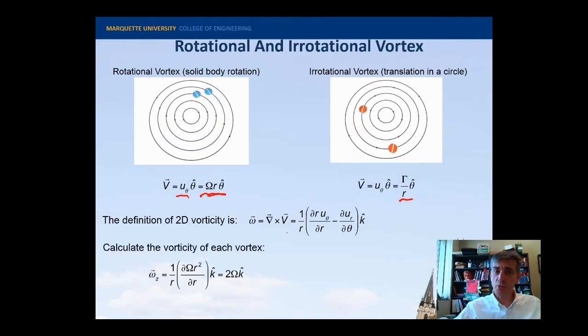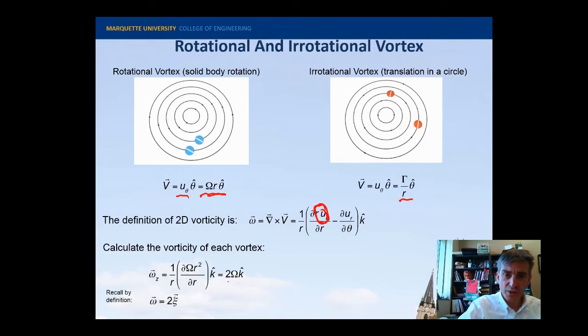If I calculate the vorticity for each vortex, I simply insert the scalar velocity u sub theta here, multiply by r, and take the derivative with respect to r. So when I do that, I get omega r squared, and I take the derivative, and I get 2r divided by r, so I end up with just 2 omega. So this is not 0, obviously, so it is not an irrotational flow.